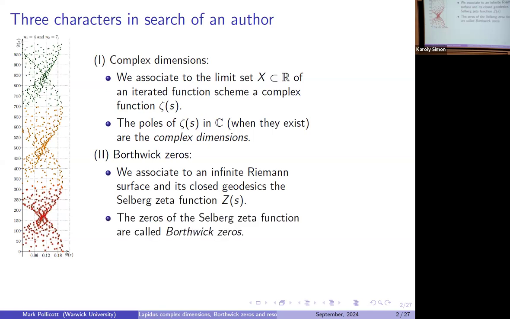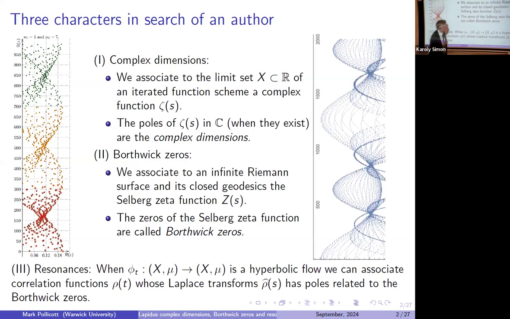And you can plot these guys as well. And these are the so-called Borthwick zeros. And hopefully on the left, there is a plot here. So these are individual zeros for some particular complex function. And this complex function is associated to some surface by some complex function, which is a beta function.